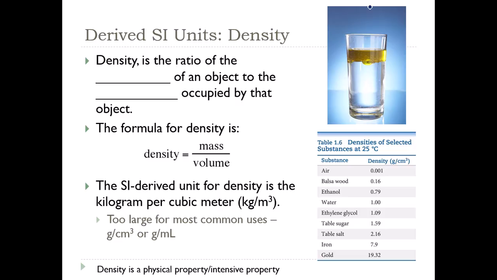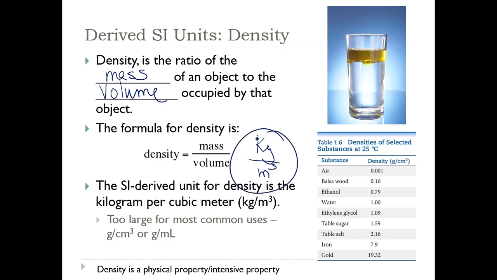Okay, and then the next one. We mentioned density is the ratio of the mass of an object to the volume occupied by that object. So the formula for density is mass divided by volume, so kilogram per meter cubed.